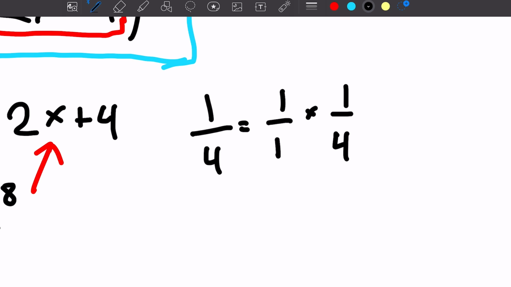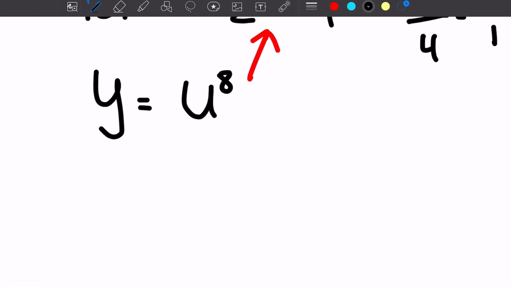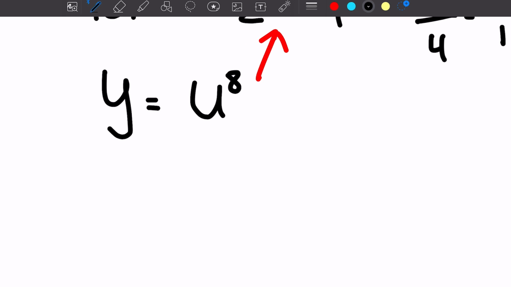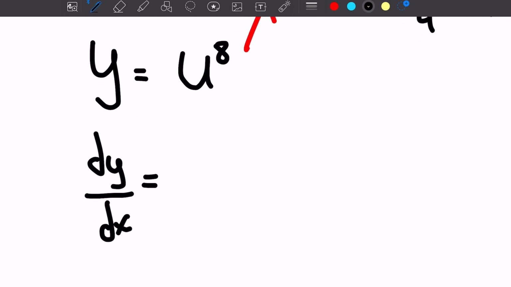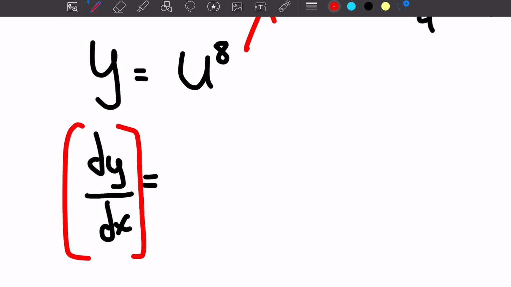It's the exact same. So what could I do to make it in the form dy by dx? If I want dy over dx, how could I get this? I would say it's equal to dy by du times du by dx, okay? Because you're differentiating with respect to u in this case.